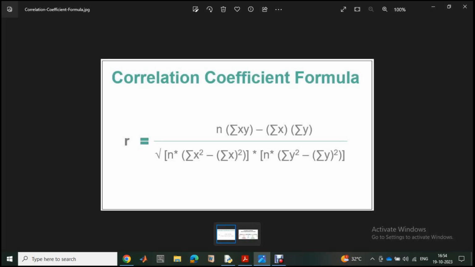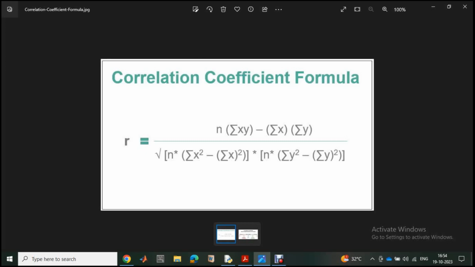The denominator is the square root of n times sigma x squared minus sigma x whole squared. Both are different. Sigma x squared is the sum of squared x values, whereas sigma x whole squared is after summing up, taking the square. There is a difference between the two. Similarly, n times sigma y squared minus sigma y whole squared. So mathematically this is the formula, but the theoretical conclusion is what it represents.